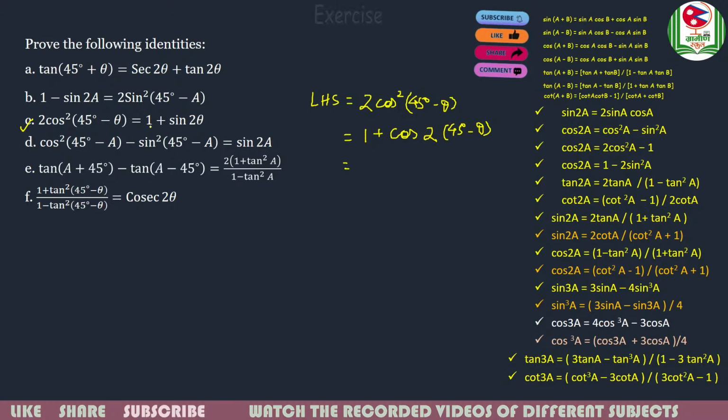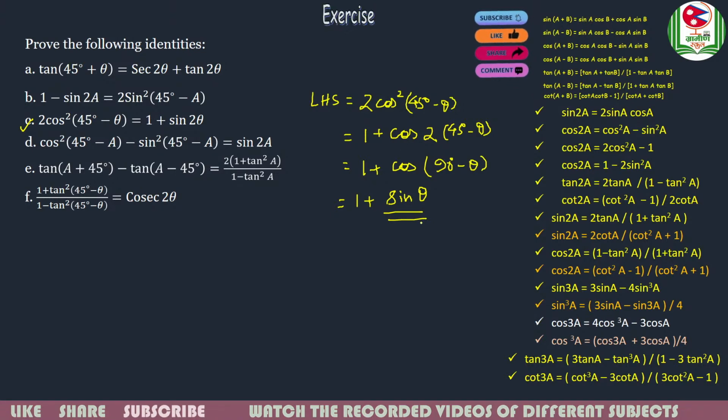And what we have to prove? 1 plus sin 2 theta. So 1 plus cos, just multiply this 45 minus theta with the 2. So it is going to be 90 degree minus theta. And this cos (90 minus theta) is going to be sin theta.